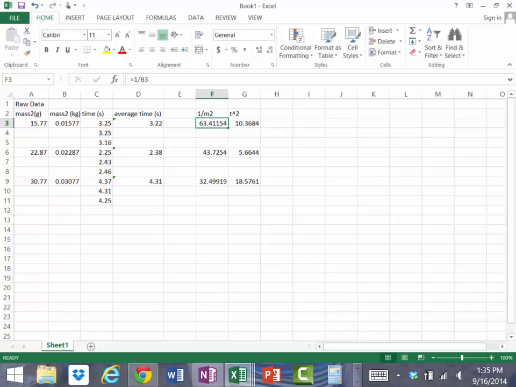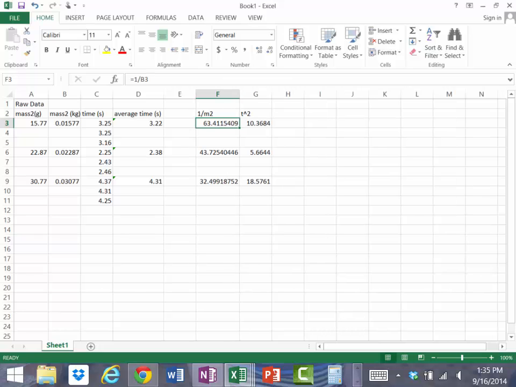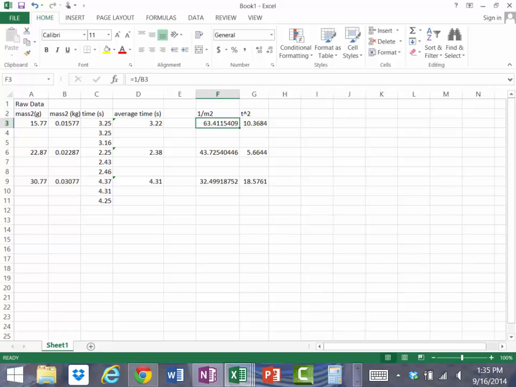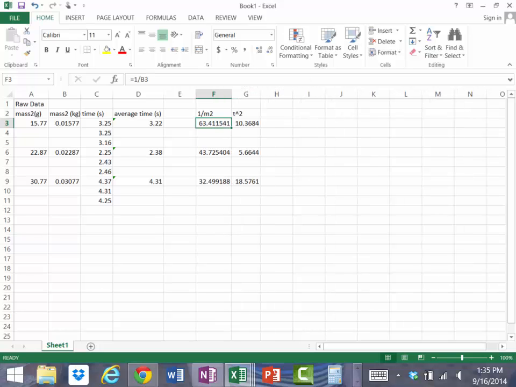If you go up to the label space and double click in between them. Does that make sense? Yeah, so you just put your cursor there. Nope, just double click.